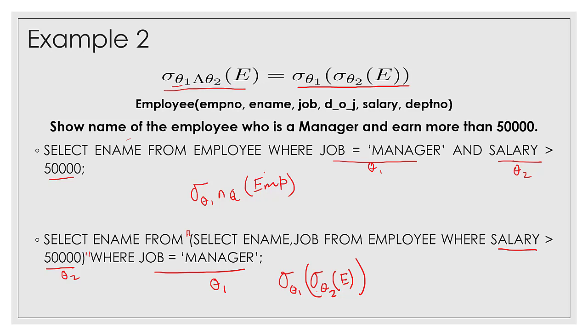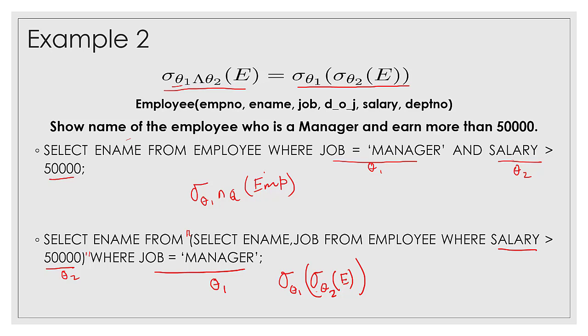So we, the programmers, need not worry about how to write the optimal query. Now, as I have already told you, there are 12 equivalence expressions available, and the query optimizer will convert a query into its equivalent expression to reduce the cost of the query.